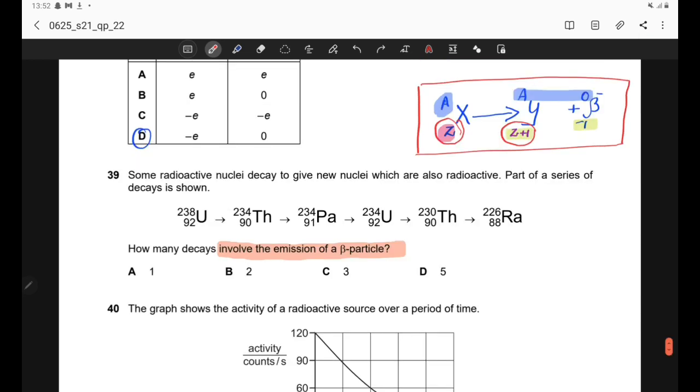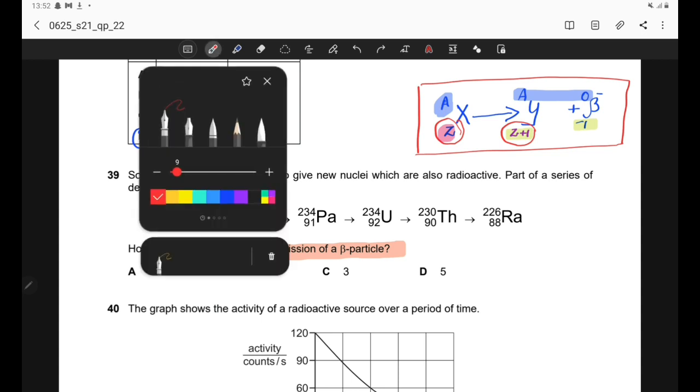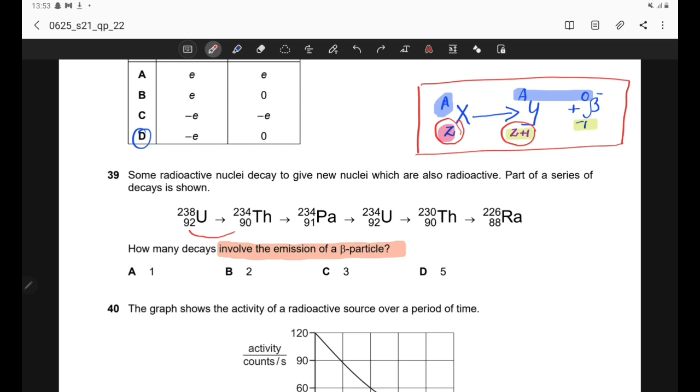In the first decay the proton number has increased by 2, so that is not correct. Here the proton number should only increase by 1. So the first decay is not emitting beta, but in the second one the proton number has increased by 1. That means definitely it is a beta emission.